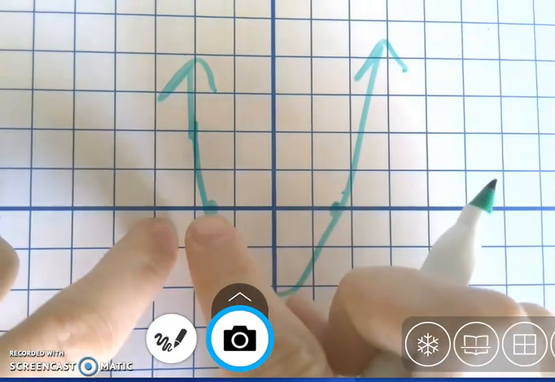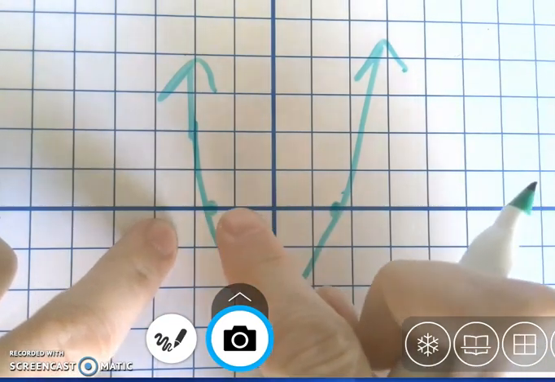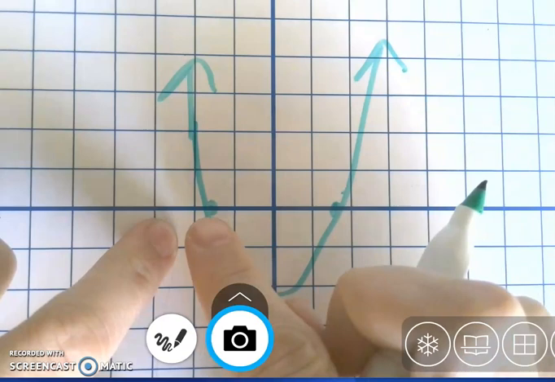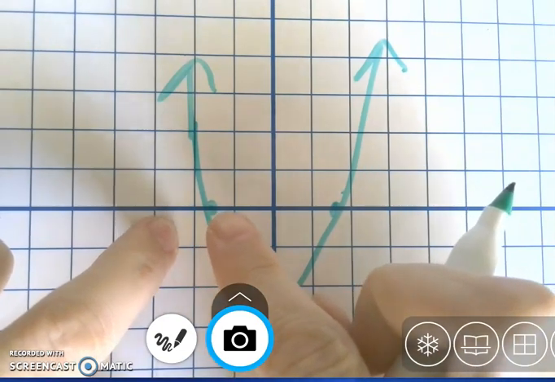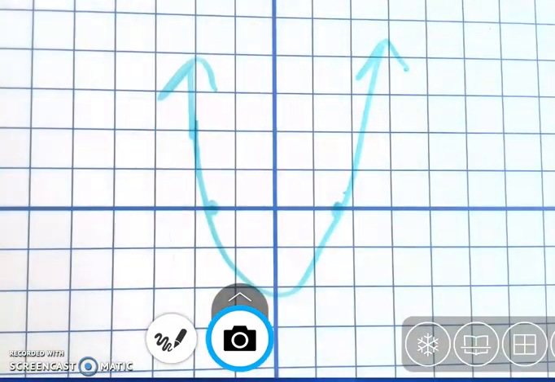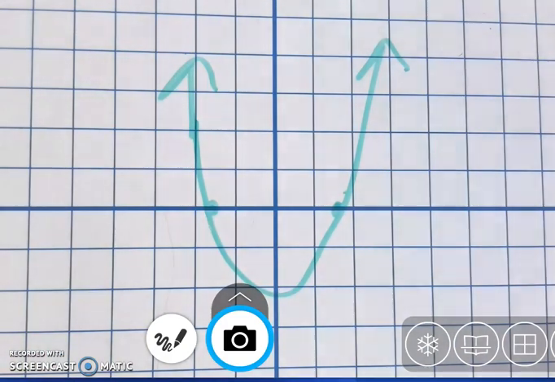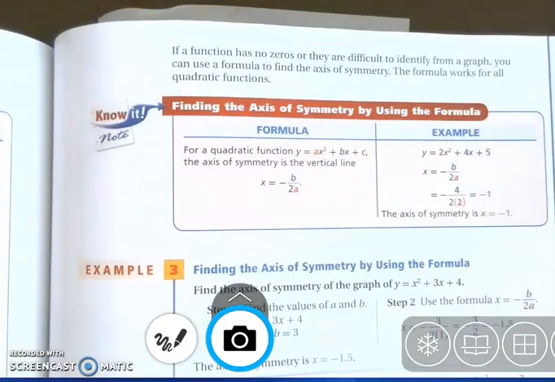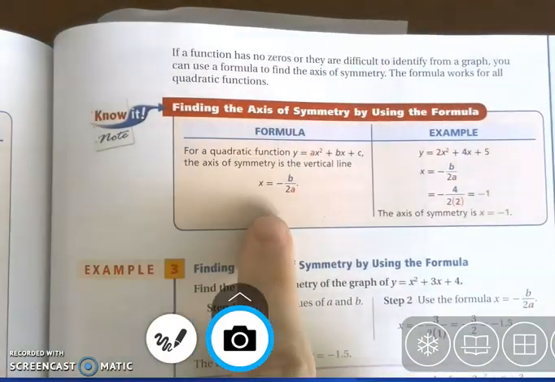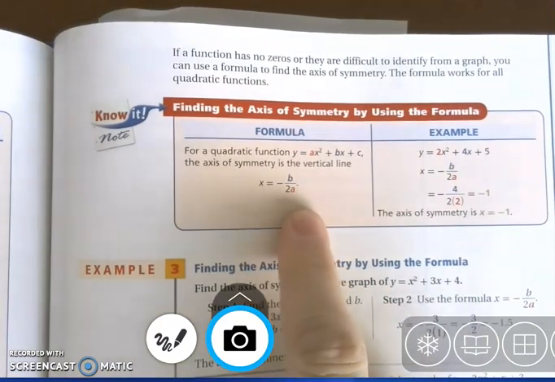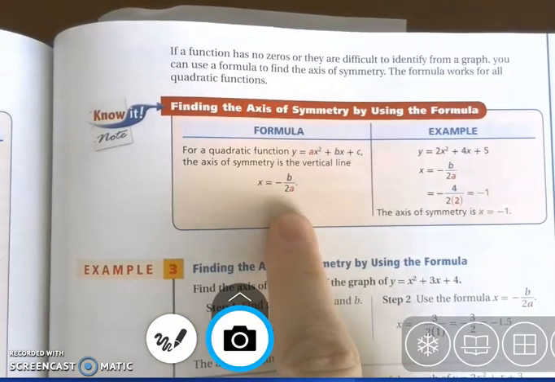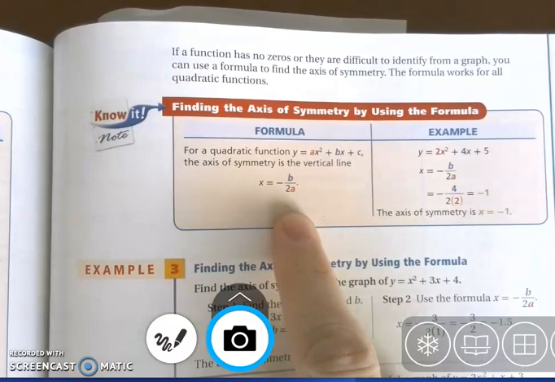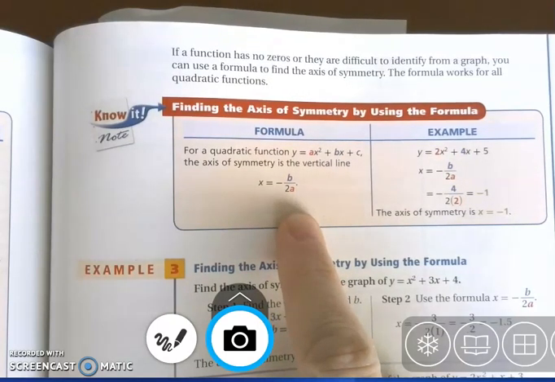If I told you to tell me what the zero equals, it's in between -1 and -2, but I don't have an exact answer, so looking at the graph doesn't help me in solving for these zeros, and therefore I can't come up with an exact axis of symmetry. But if you use this formula that they give you, x equals -b over 2a, you can solve for the axis of symmetry every single time and you get an exact answer.